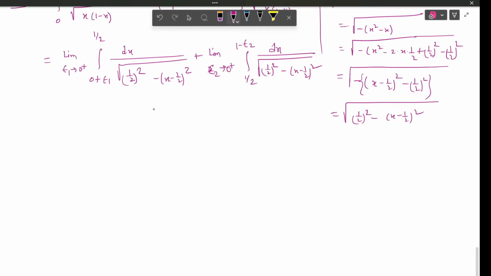Now here we have to apply the formula 1 by root under a square minus x square. So it will be 1 by a sin inverse x by a, right? This is our formula. So we can say that limit epsilon 1 tends to 0 plus, this would be 1 by a, that is 1 by 1 by 2, that is 2.